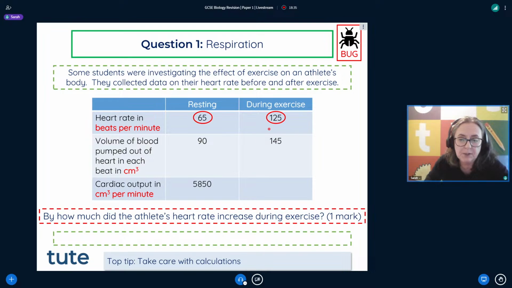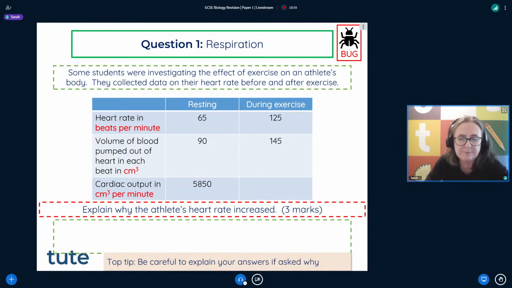You need to subtract the resting heartbeat from the heartbeat during exercise. If you do that, you're going to get 125 minus 65, which gives you 60 beats per minute. Okay, so that is the difference. That's by how much the athlete's heart rate has increased during that exercise.